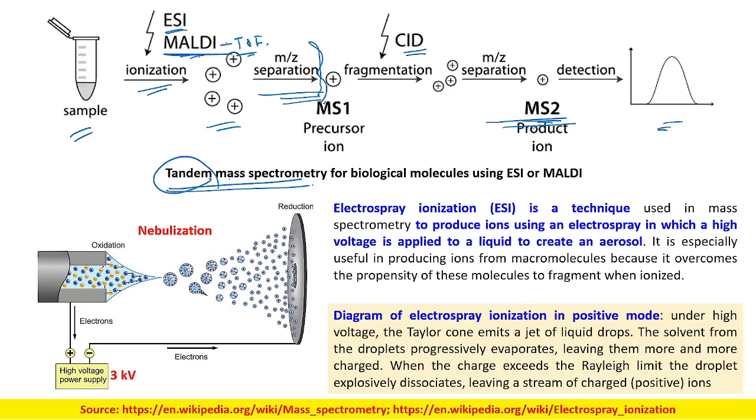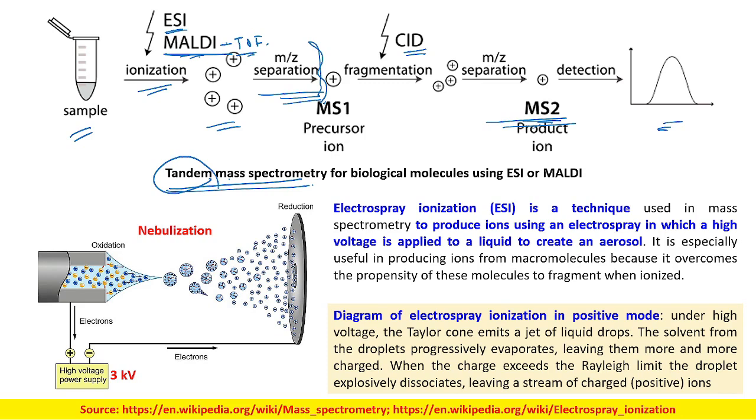In the first stage you are trying to understand the molecular mass of your protein, and the second stage is important because you want to understand what amino acids are present in the system. That's why tandem mass spectrometry is very useful, and it is used in biology.